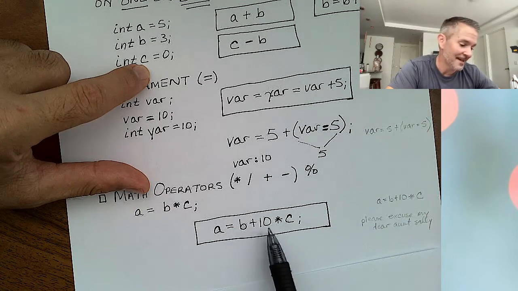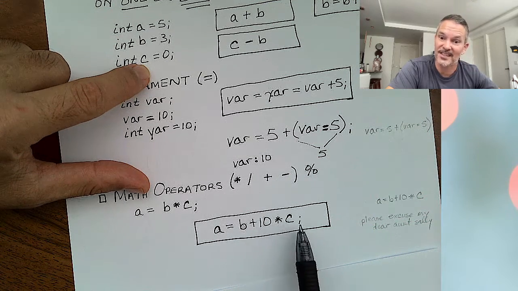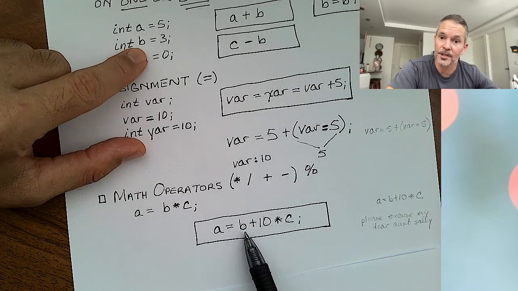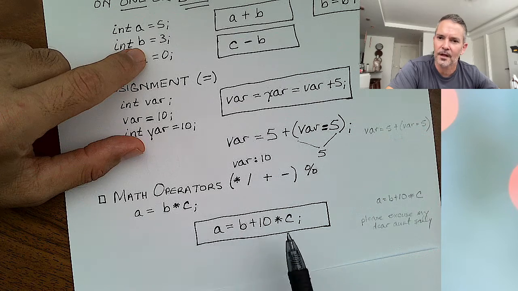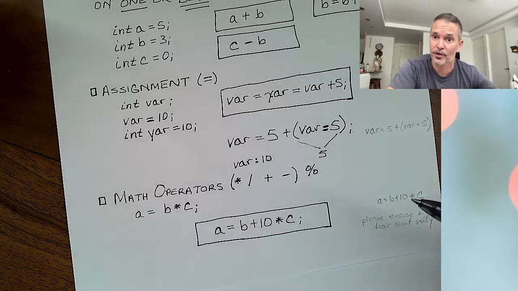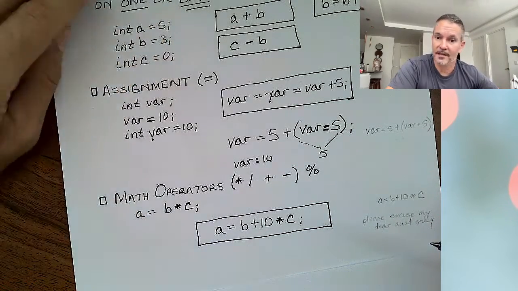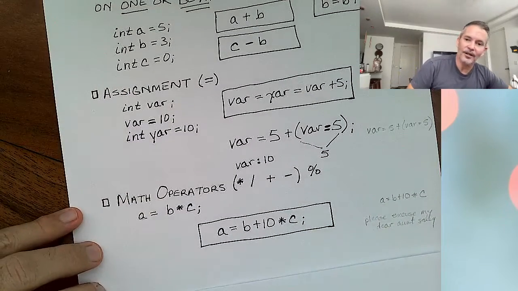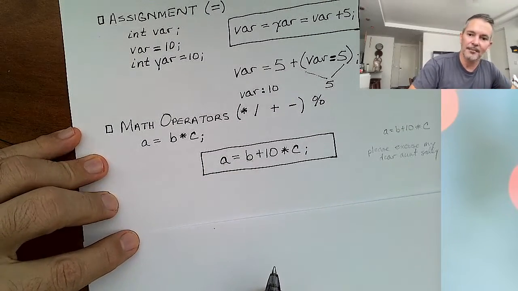Or I could say 10 times C, 0 times 10 is 0, 0 plus B, B is 3, is 3. So two different ways to interpret this, and you'd get two different values assigned to A depending on how you interpreted it. Luckily, the way the C language works, and almost all languages that I'm aware of work, is they honor the traditional order of operation in mathematics.